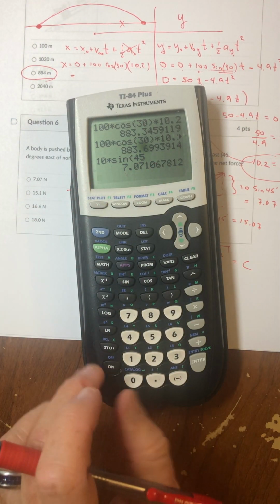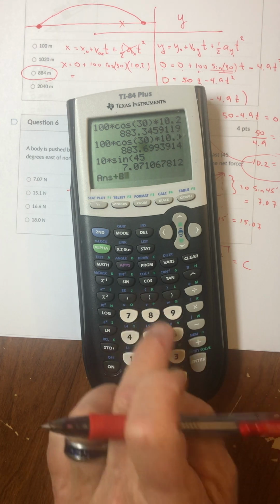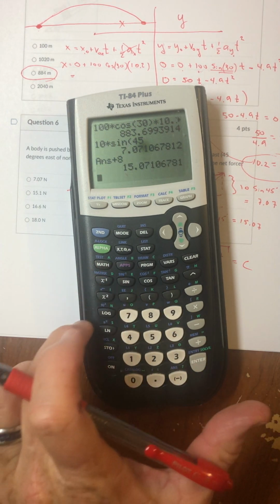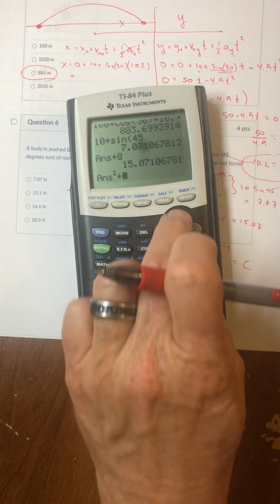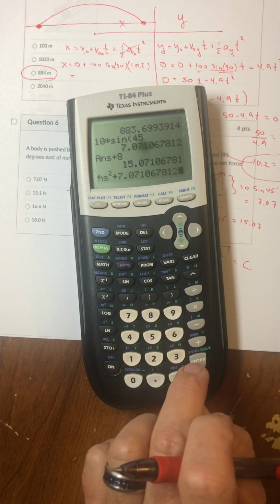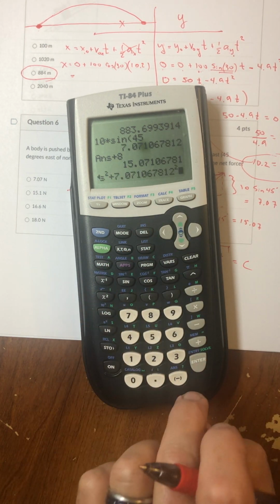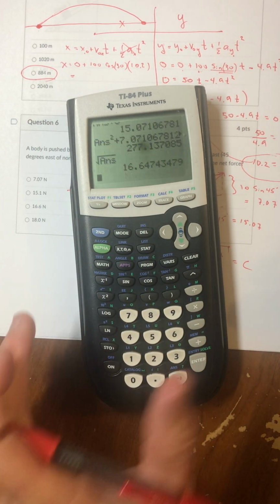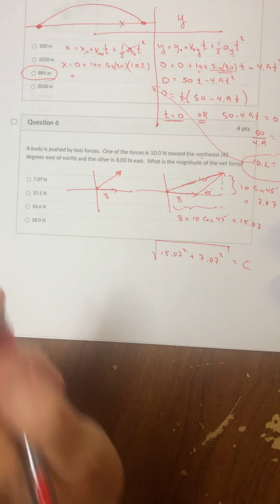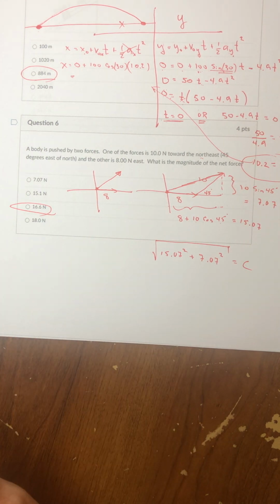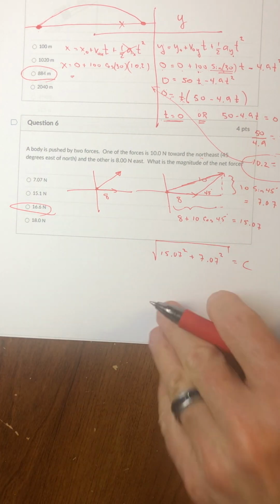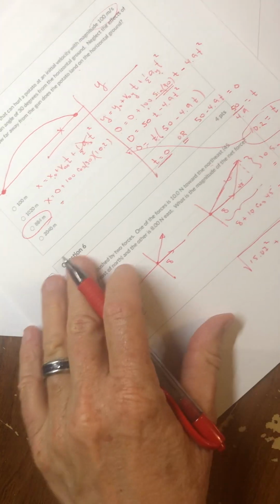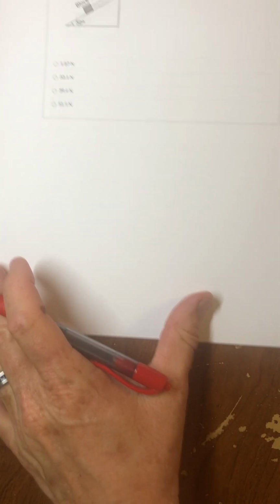Let's take that and square it, add to it, copy and paste and square that, hit enter, and do a square root. And it looks like 16.6, so about the third one down for that one. Okay, nice.